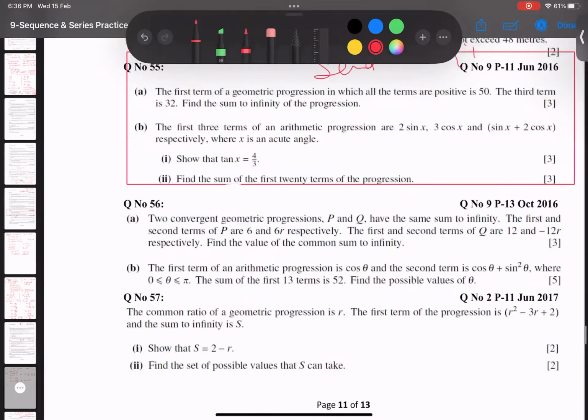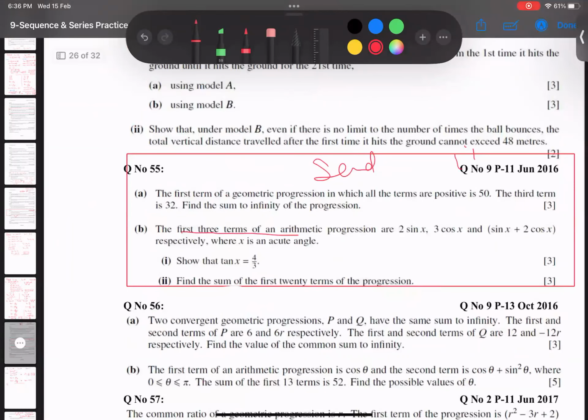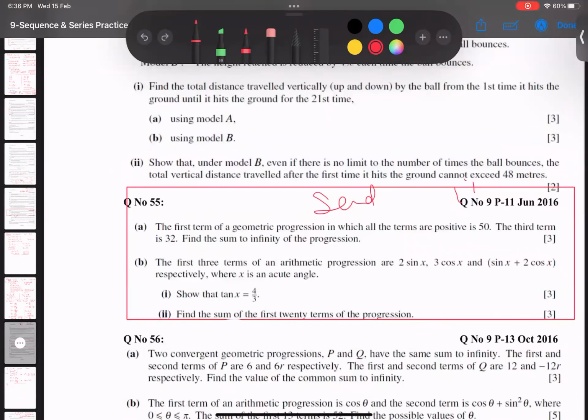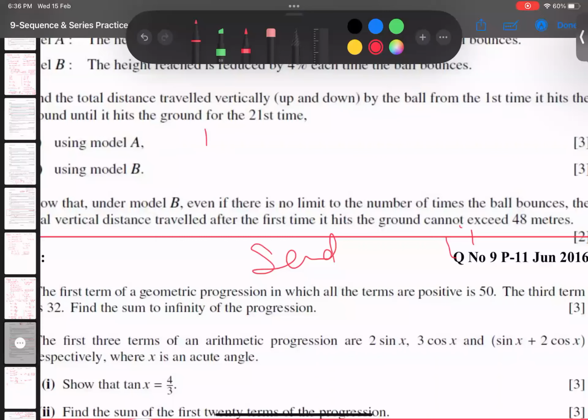Part number 2 is important here. What is part 2 saying? The first 3 terms of an arithmetic progression are given. I want to give a very important concept. When T1, T2 and T3 are in geometric progression, then T3 divided by T2 is the same as T2 by T1, like the common ratio.